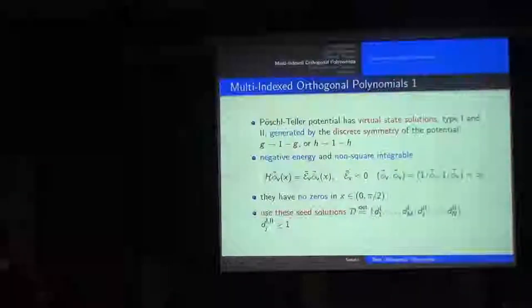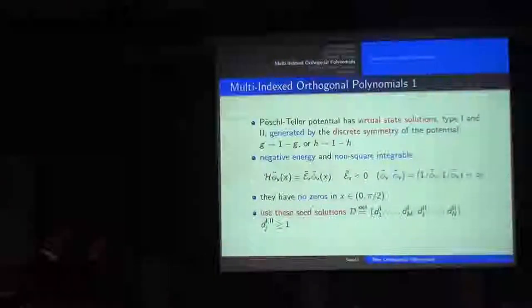So just by doing g to 1 minus g or h to 1 minus h, you can get a seed solution for certain degree. Then you can choose the energy to be negative, and these are not square integrable, and its inverse is again not square integrable because one part vanishes, but the other part goes to infinity.